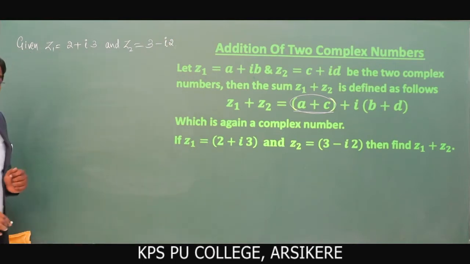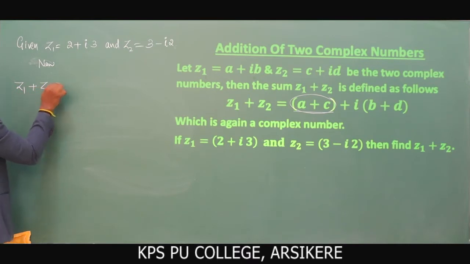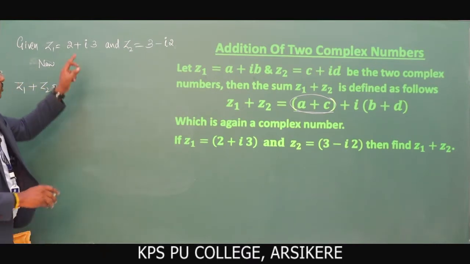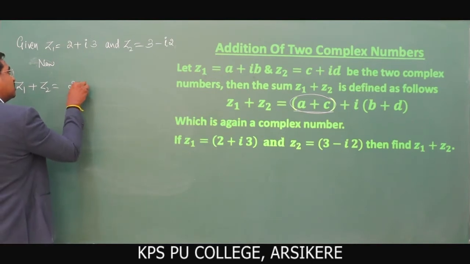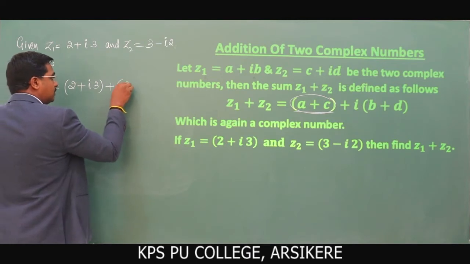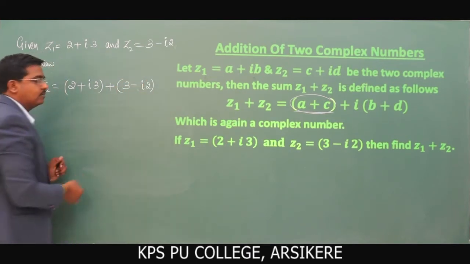How to add these two numbers, right? Now Z1 plus Z2 is equal to, first write the complex number 2 plus I into 3 plus 3 minus I into 2.